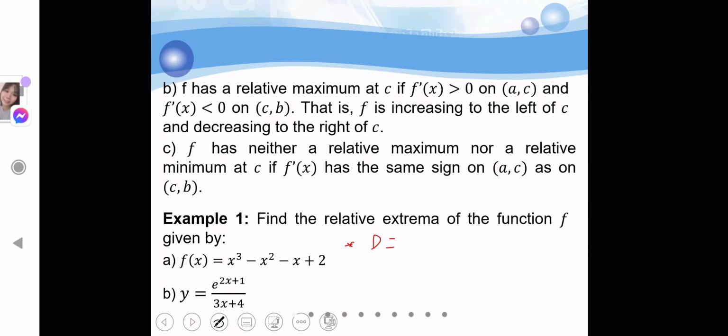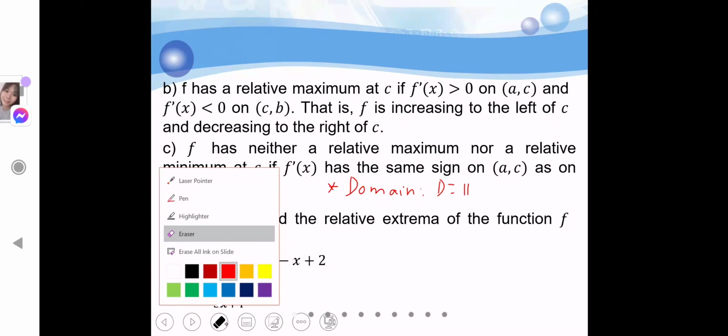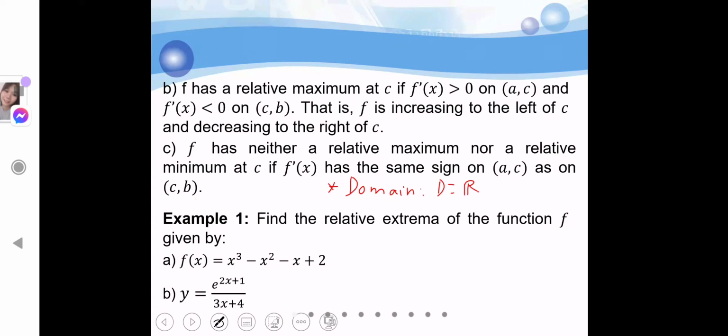D equal R. The second step, necessary conditions.